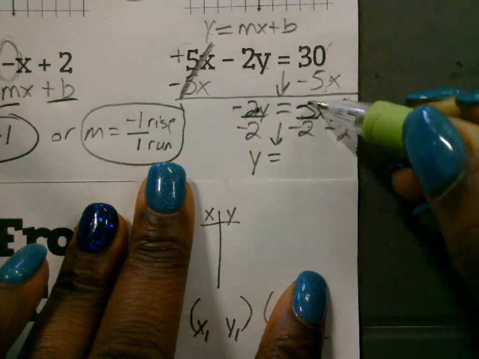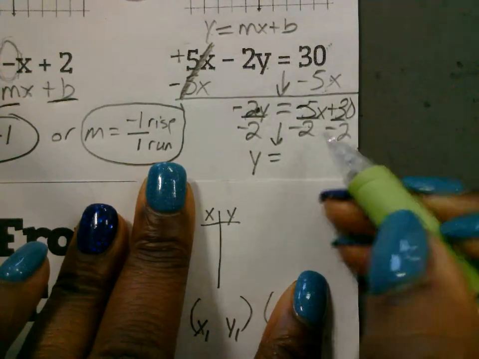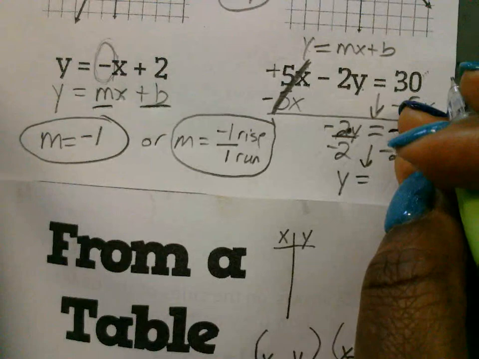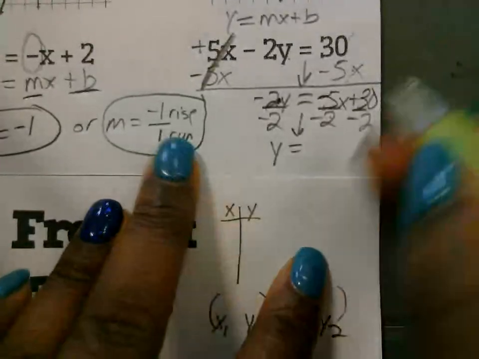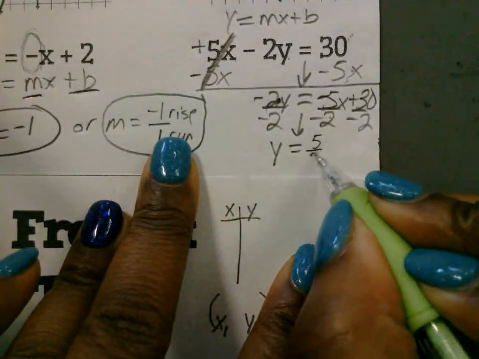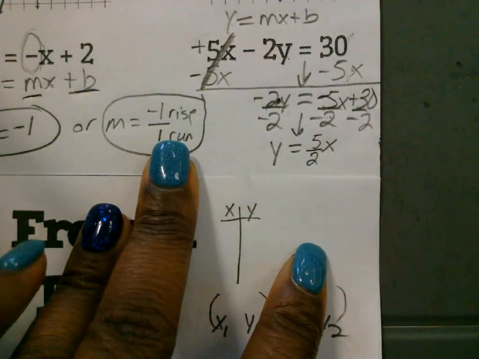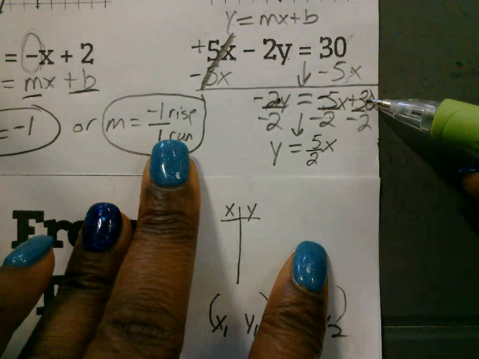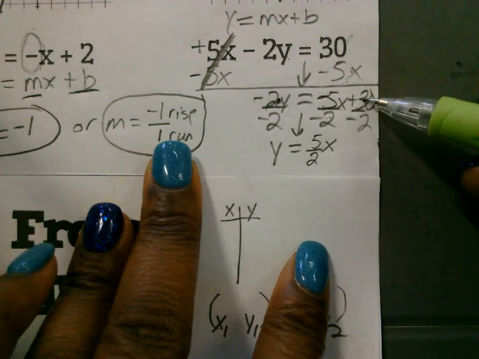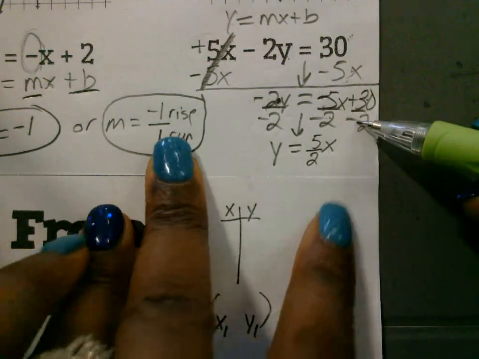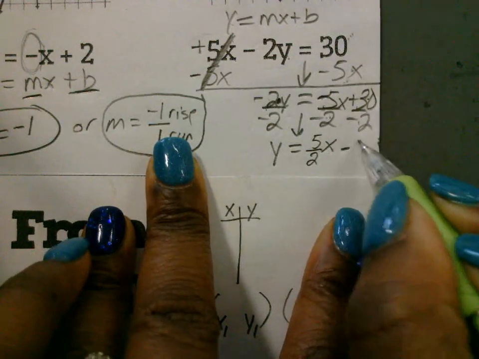What's a negative divided by a negative? A positive. So this is +5 over 2. Keep it as a fraction, okay? What is +30 divided by -2? -15.